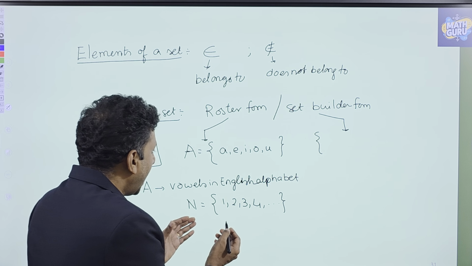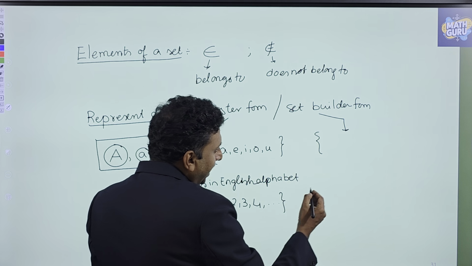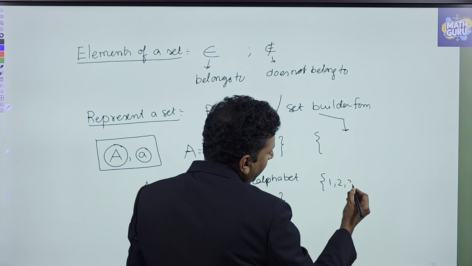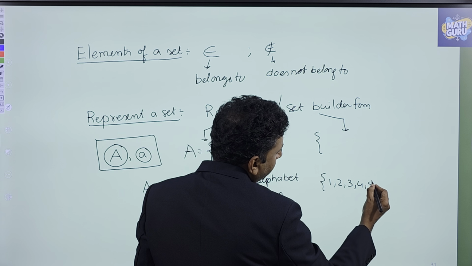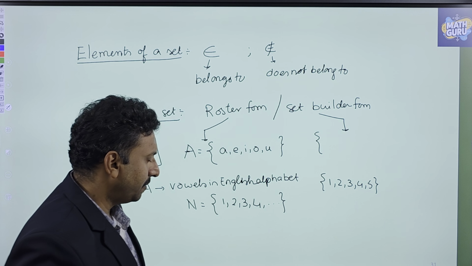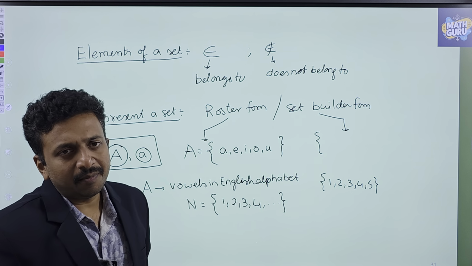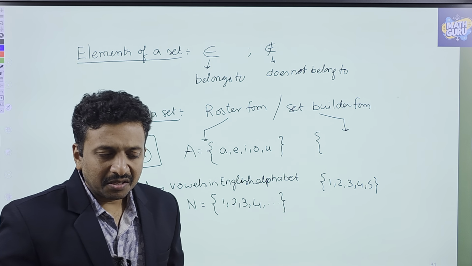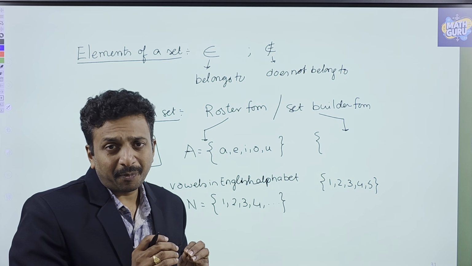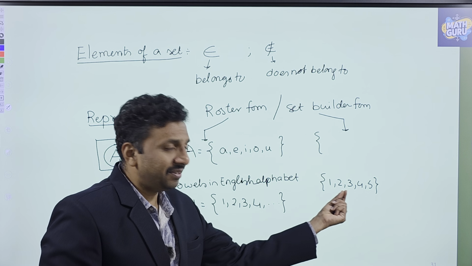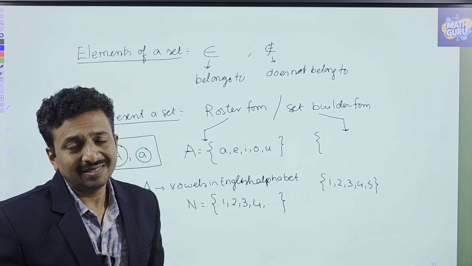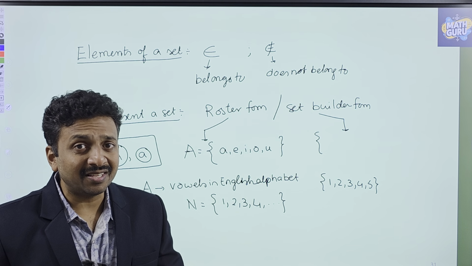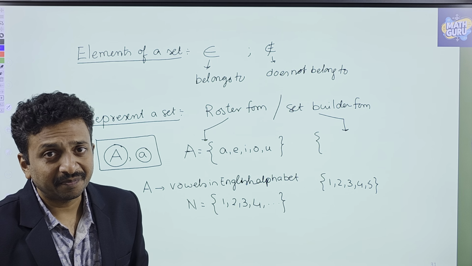For example, assume that you have the set 1, 2, 3, 4, 5, and that this is the roster form of the set. I want to write this in set builder form. Now the question that you need to ask is, what is the special property that each and every element of this set satisfies, and no other element which is not in this set satisfies?